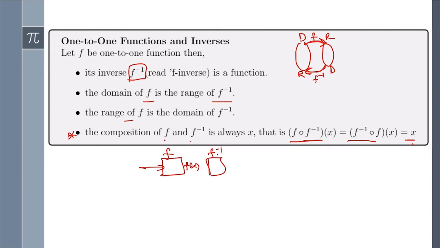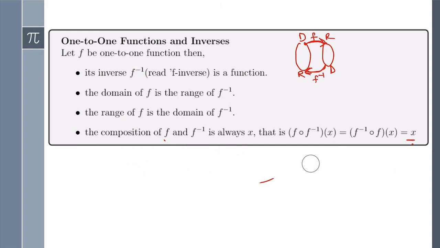Doing the inverse is like undoing whatever this function, or this machine, did. So when we undo that, we get whatever we sent in, x, out here as well, and it's true in the opposite direction as well. So the composition of a function and its inverse is always x.